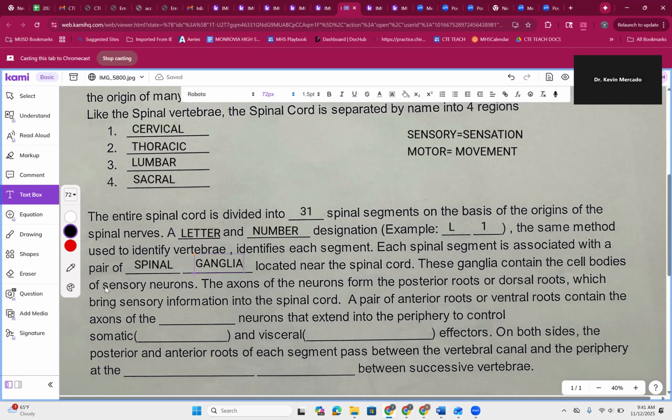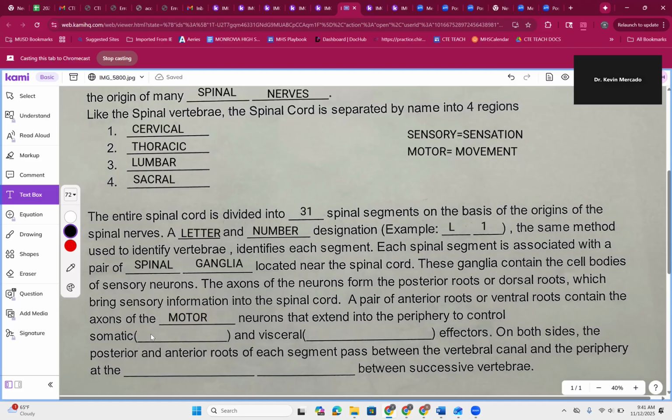The axons of the neurons form the posterior roots or dorsal roots, which bring sensory information to the spinal cord. We'll get into that a little bit more later on. A pair of anterior roots or ventral roots contain the axons of the motor neurons that extend into the periphery to control somatic and visceral effectors.